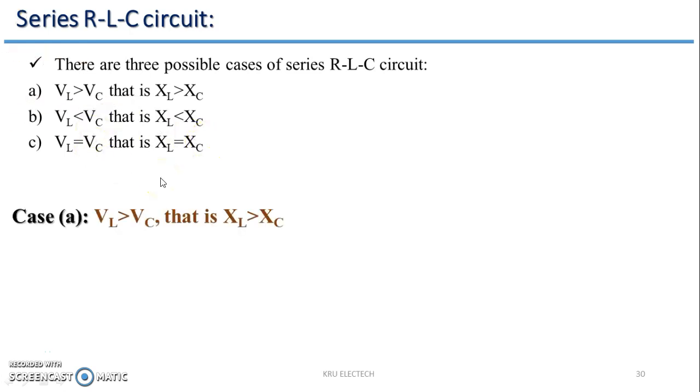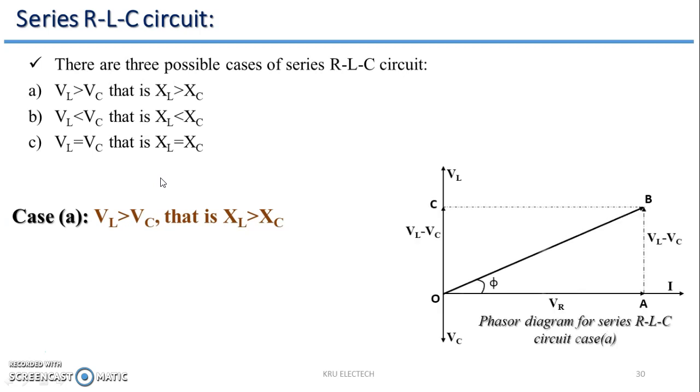So let us see the first case, that is VL greater than VC, or you can say XL greater than XC, the inductive reactance is larger than the capacitive reactance. Here's the diagram. This is the total VL, and this one is the VC. VC is deducted from VL, so the remaining part is VL minus VC.